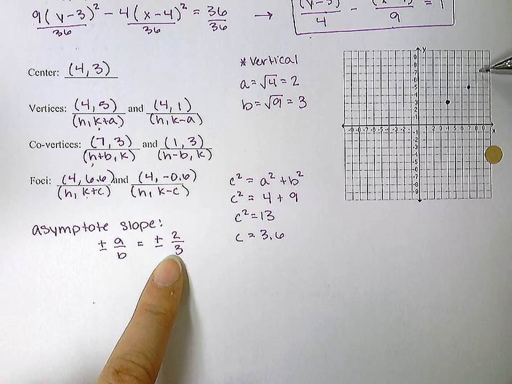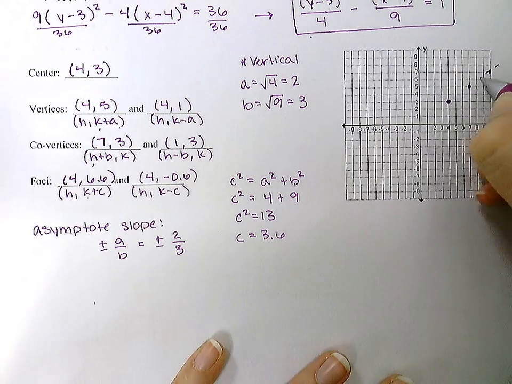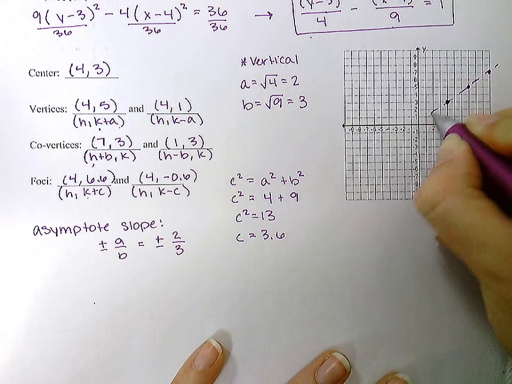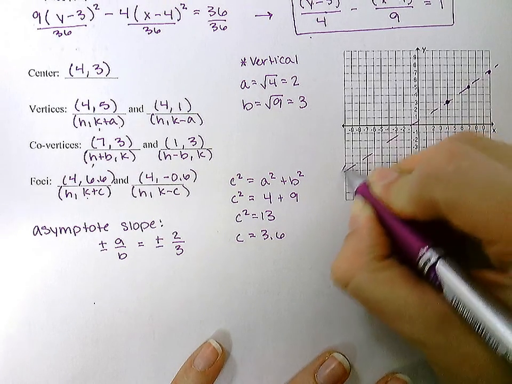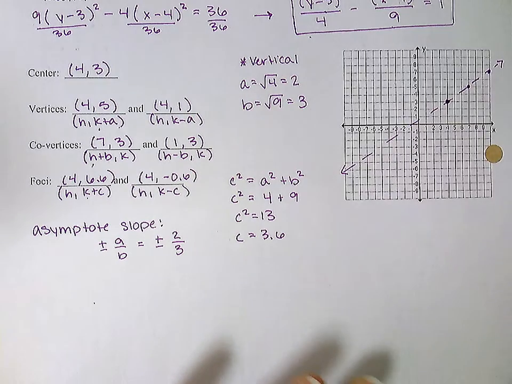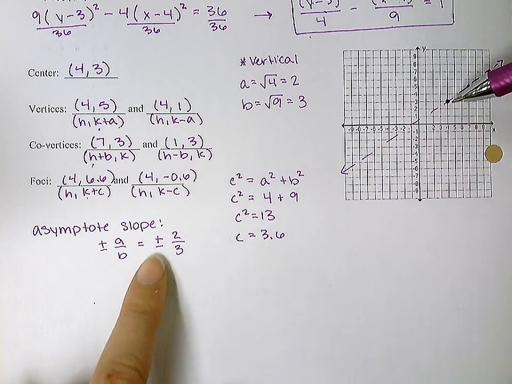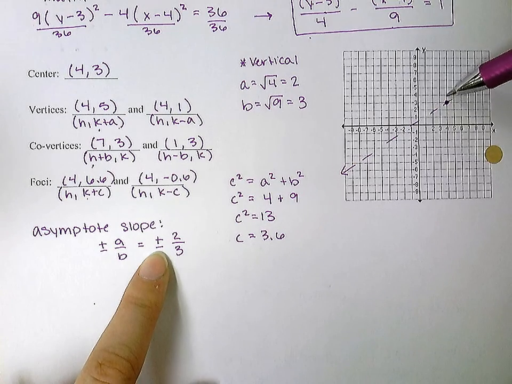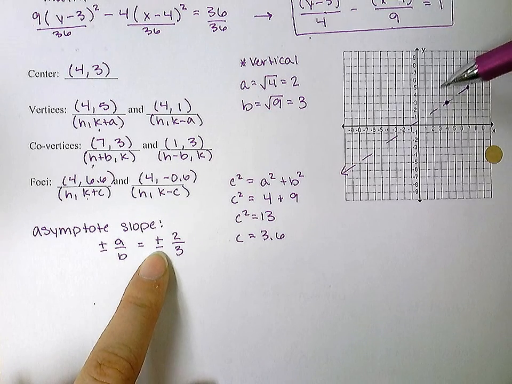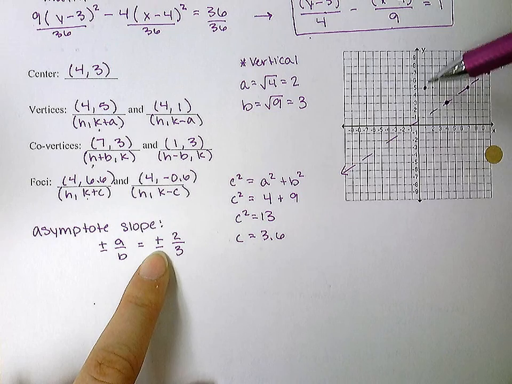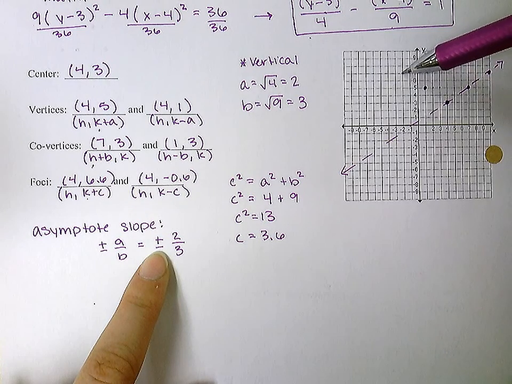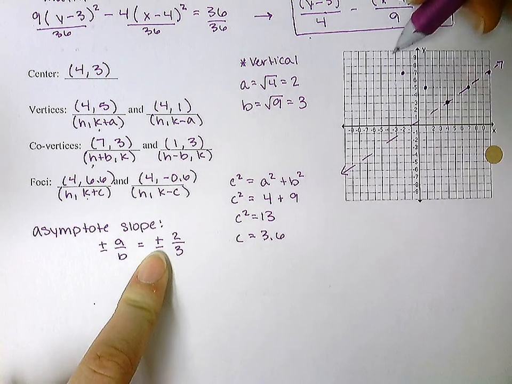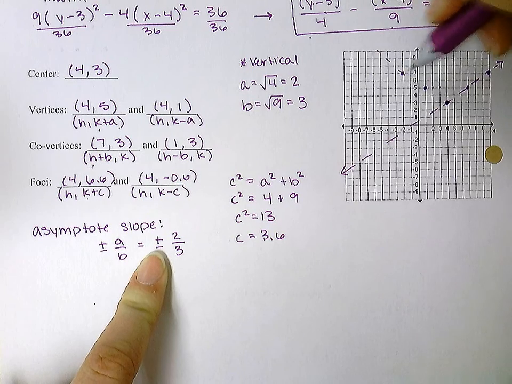You can do it again if you need to. So your asymptote is going through this way. Then I want to do the negative slope as well. So I'll go up 2 again, but then I have to go left 3. So here's my second asymptote.